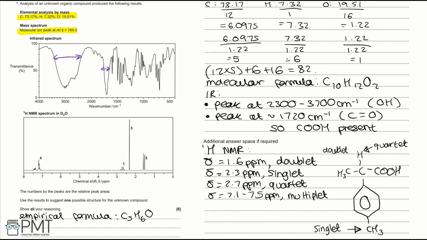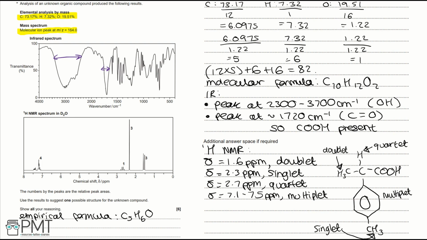And finally, our multiplet splitting patterns would occur on our benzene ring because they are in the right area, which is corresponding to our data sheet with the chemical shift values. The 7.1 to the 7.5 ppm values show an aromatic hydrogen.